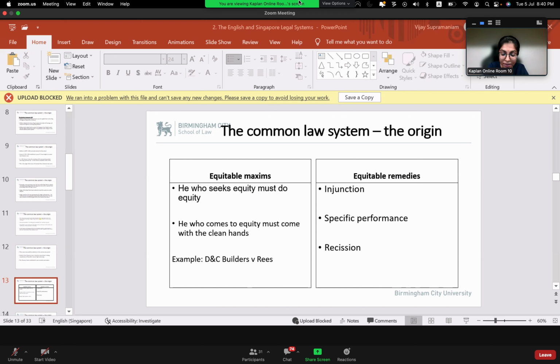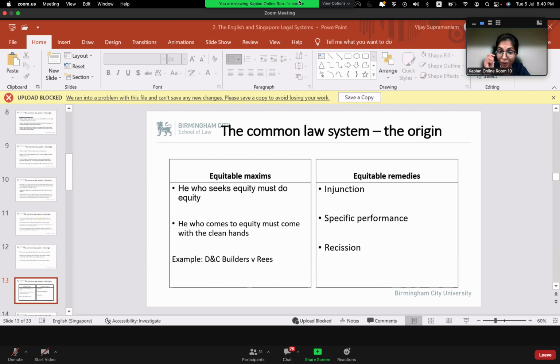But on the other hand, the court said, I think it was Lord Denning, if I'm not mistaken, in this case, Denning says that he who comes to equity must come with clean hands. Do you think Mr. and Mrs. Reese have clean hands? No. The Reese were aware of DNC Builders' financial difficulties.